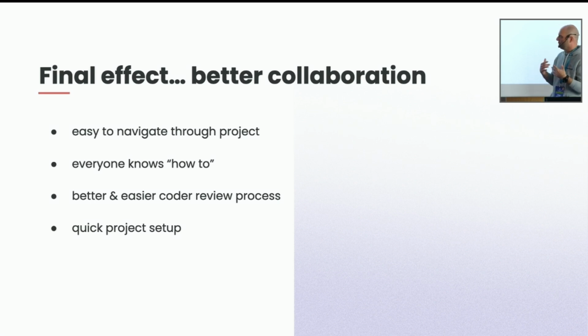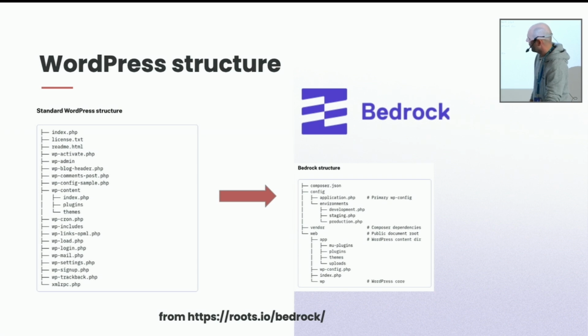So with that you get a much easier code review process, because you have smaller components, and when you are working with a team, everyone knows how to approach it and knows what bugs, for example, they can search for. So basically this is what you get from a nice and clean architecture.